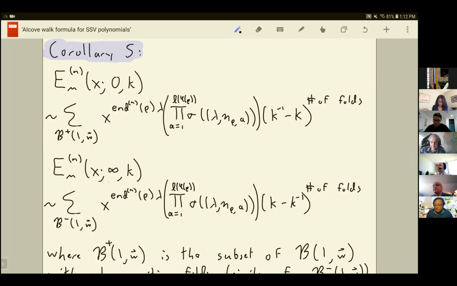Then Whittaker functions are generalizations of spherical functions. You use an Iwahori subgroup rather than the maximal compact. And then you can do a metaplectic story.